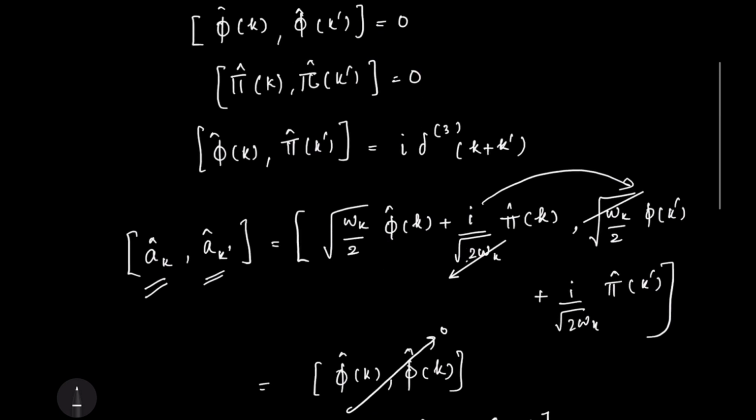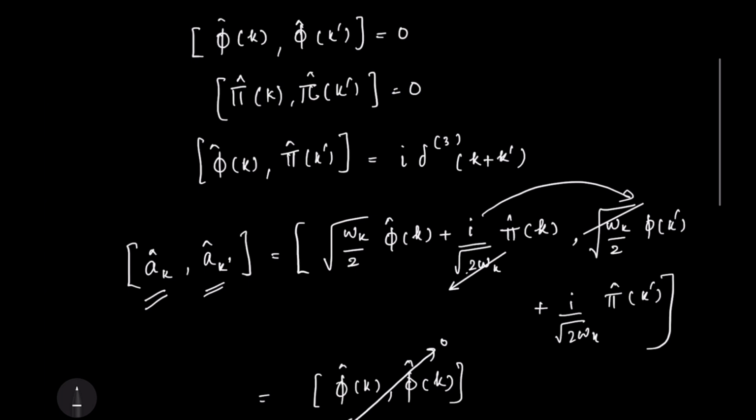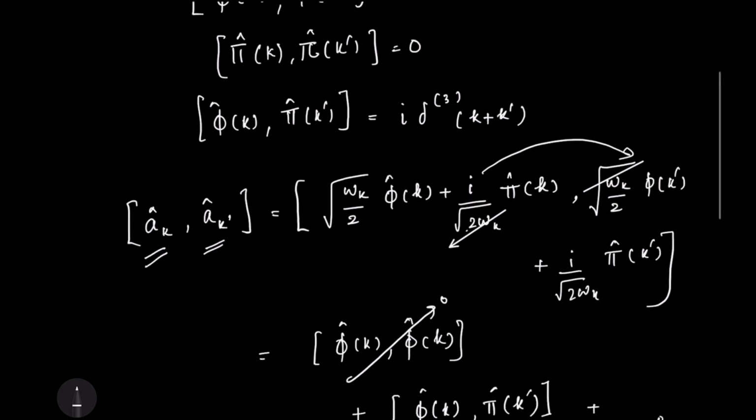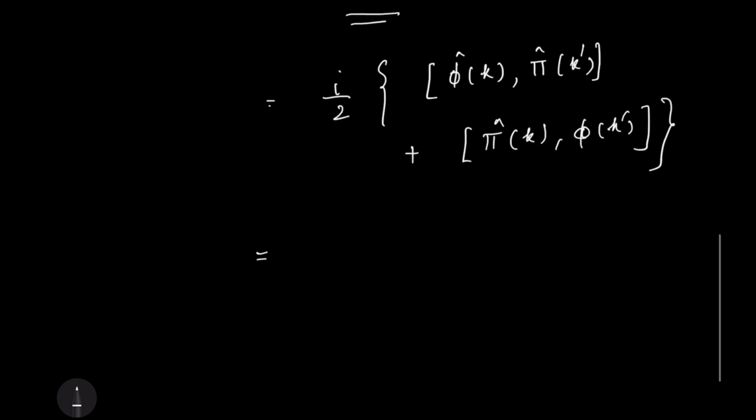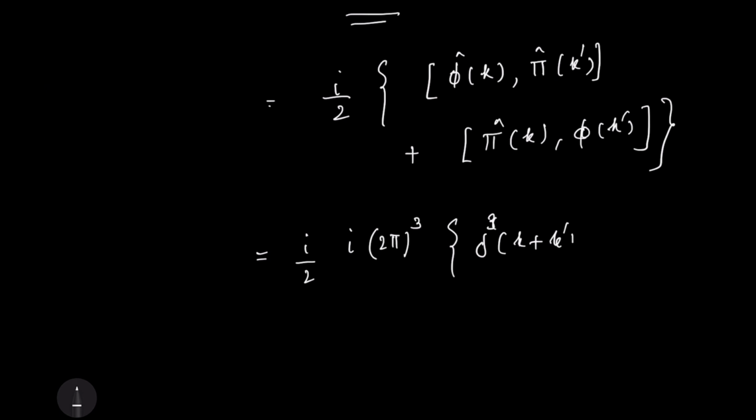We have the relation that the commutator of phi, pi is i delta cube (k plus k prime). So this will be i by 2, taking i 2 pi cube outside, then delta cube (k plus k prime) minus delta cube (k prime plus k).